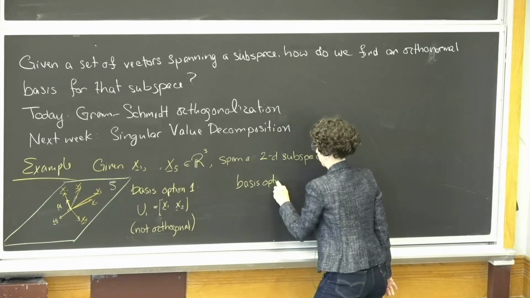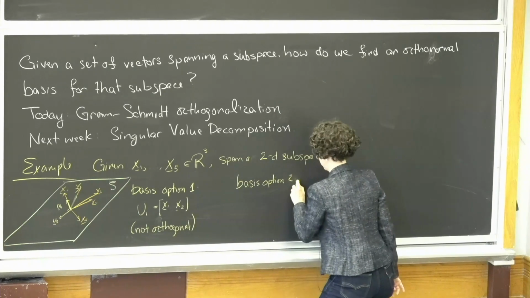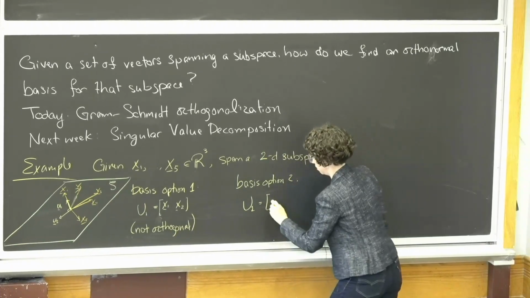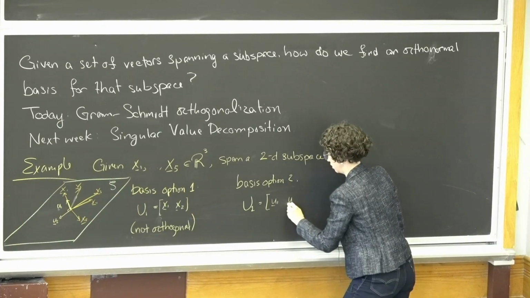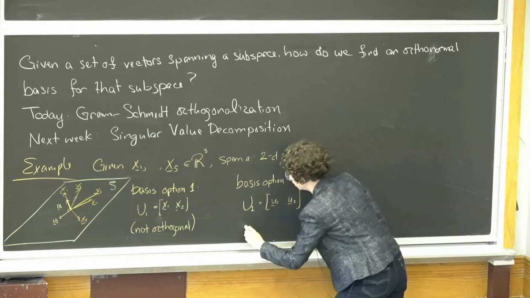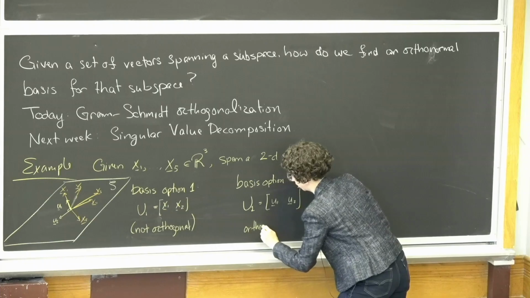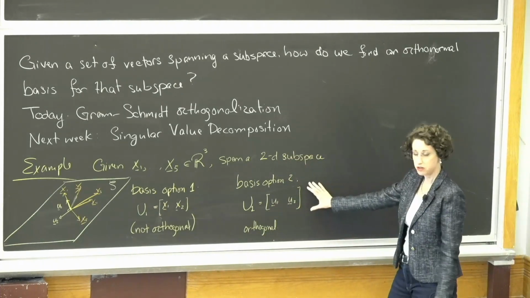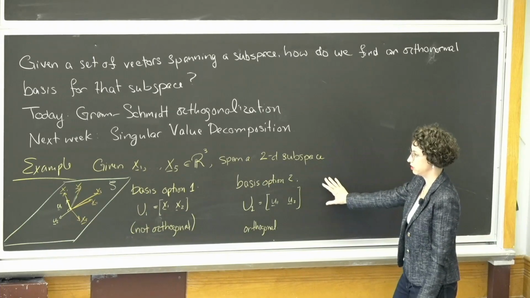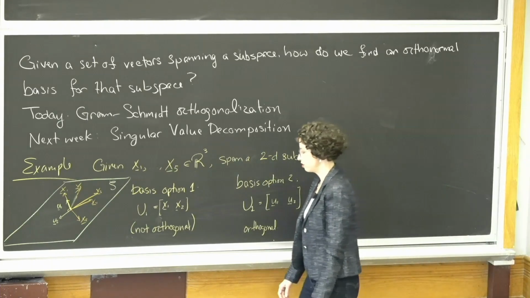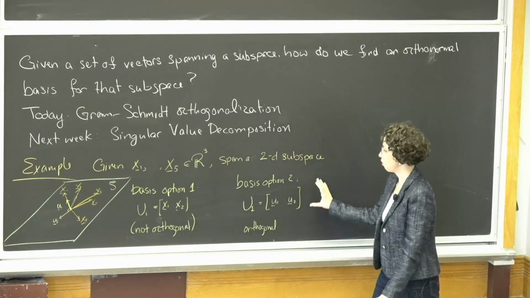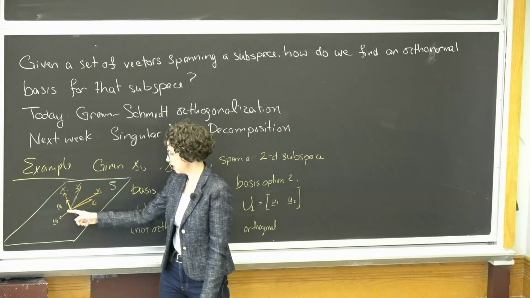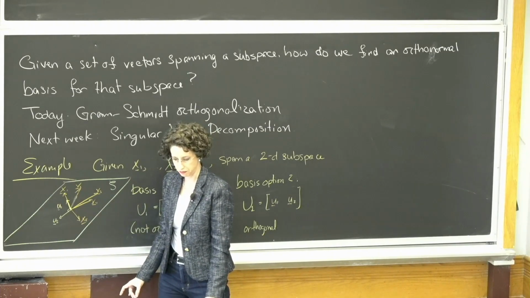So basis option 2, so U2 here, is going to have vectors U1 and U2. And this is orthogonal. And so this is what we're headed toward today with Gram-Schmidt orthogonalization, taking a collection of vectors and finding an orthonormal basis where all of the basis vectors have the same length equal to 1, and they are all perpendicular to one another.